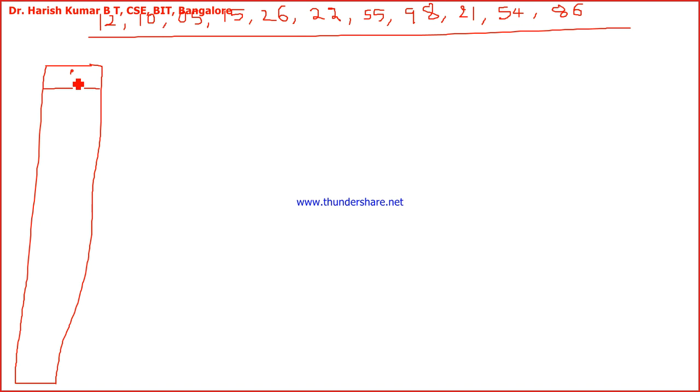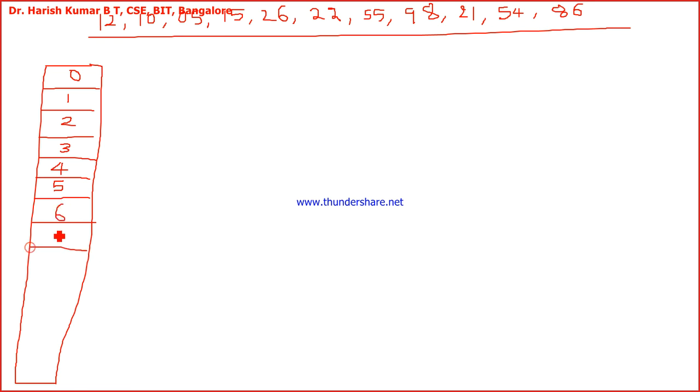I'll start from 0, 1, 2, 3, 4. I'll go till 11, 5. So it's not required actually, because 2 or more elements get merged to one single list.